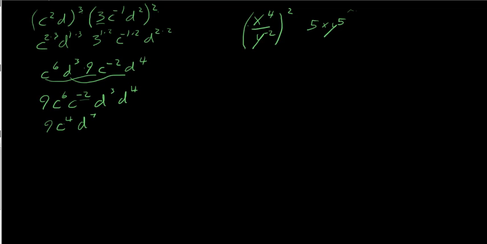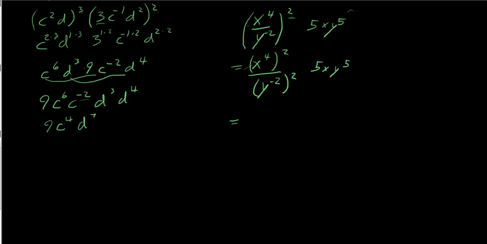Alright. So we want to distribute this exponent up here out to the other parts. So we're going to have x to the fourth squared over y to the negative second. We're going to square that. And we're going to keep this other part out here for the time being.